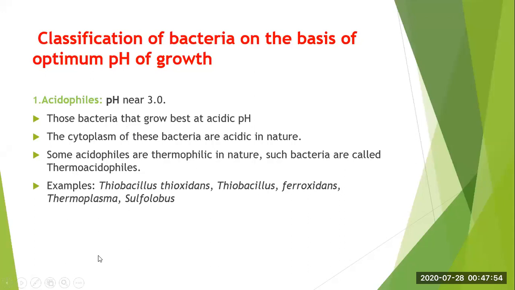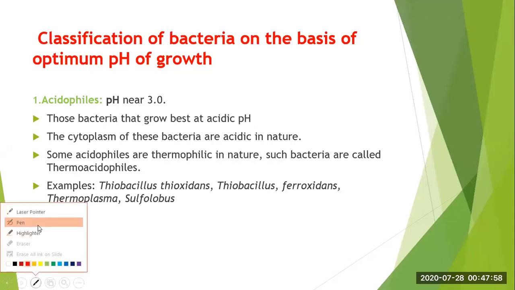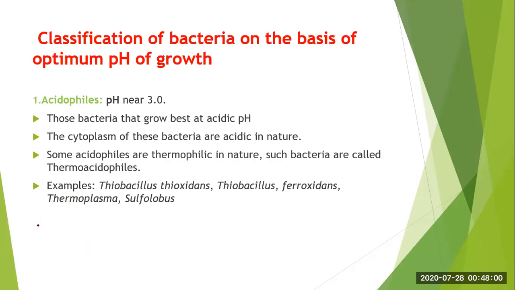In the case of acidophiles, whenever the pH range is less than 5, it is actually acidic. So a pH near 3 will be for acidophiles. In this pH, or when the environment is acidic, these kinds of bacteria grow well.